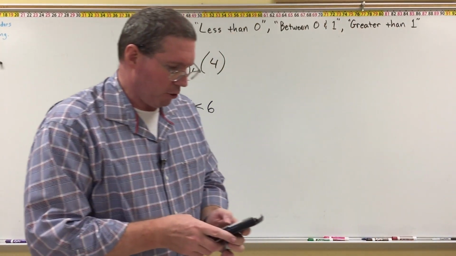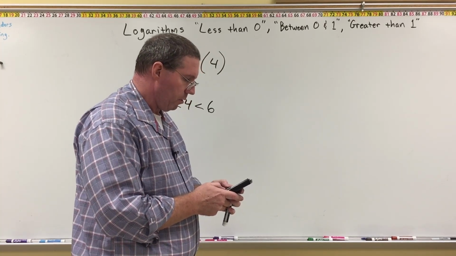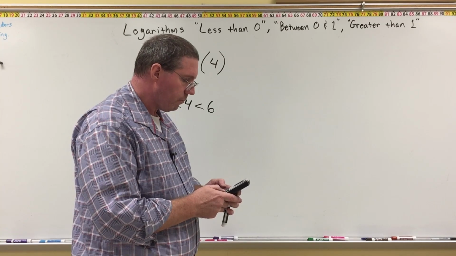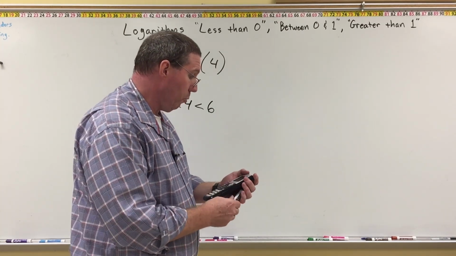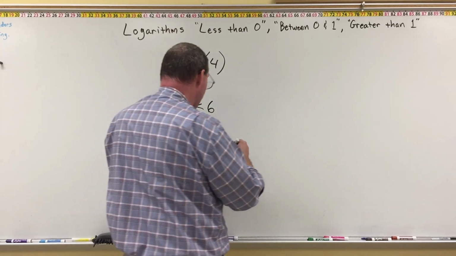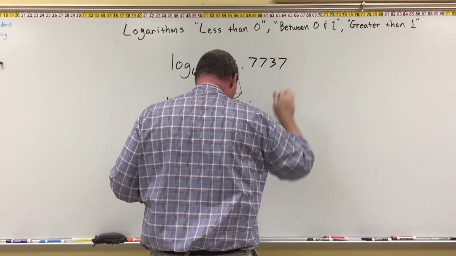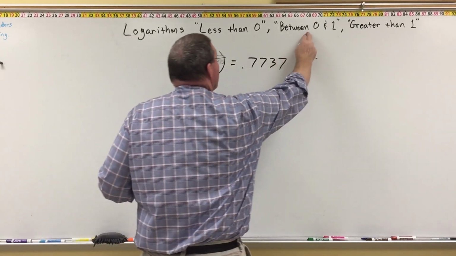I have a super special way in this calculator to be able to identify a logarithm, except I went to the wrong thing here. Let's go here. There it is. Log base 6 of 4 actually equals 0.7737, which you can see very clearly is between 0 and 1.